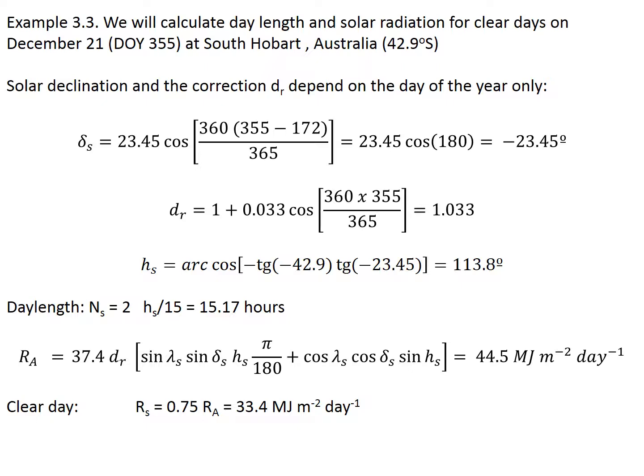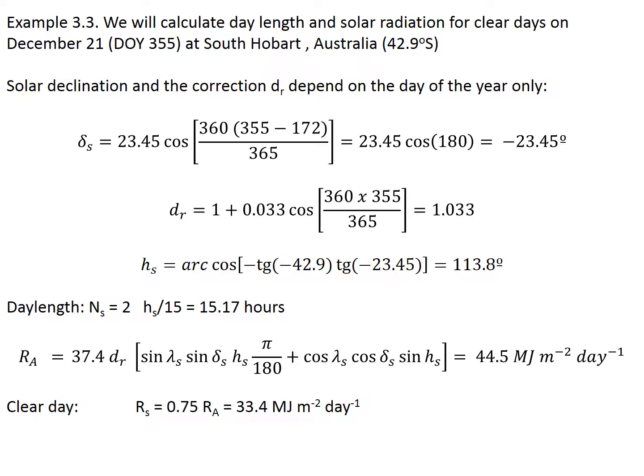We could already know this because it is December 21st, and at that time solar declination has an extreme value close to minus 23.5. On the other hand, dr is equal to 1 plus this function, where 355 is day of year, and we come up with a value of 1.033.